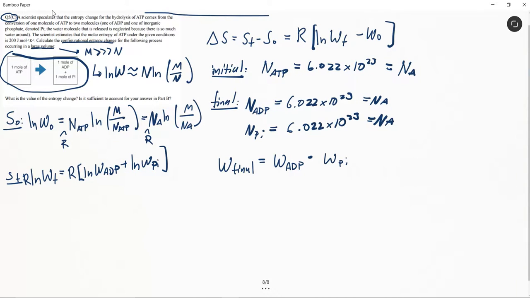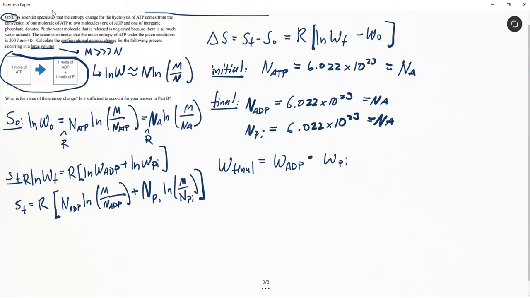So S final is equal to R times N ADP ln(M over N ADP) plus N PI ln(M over N PI).